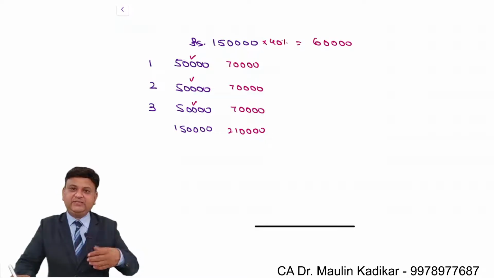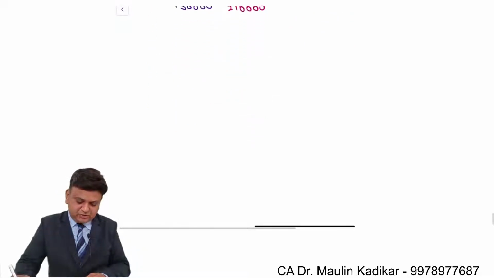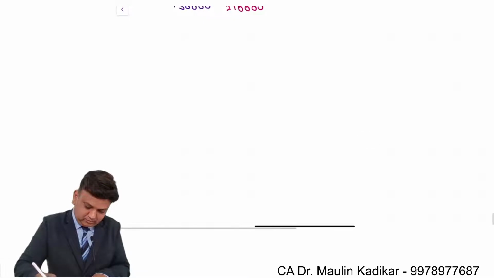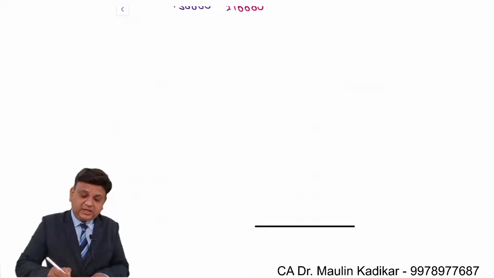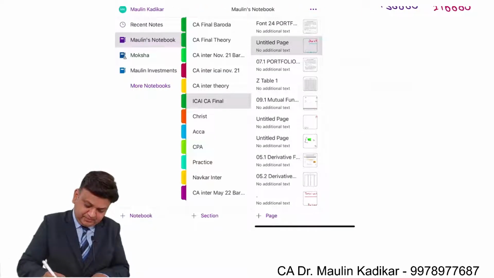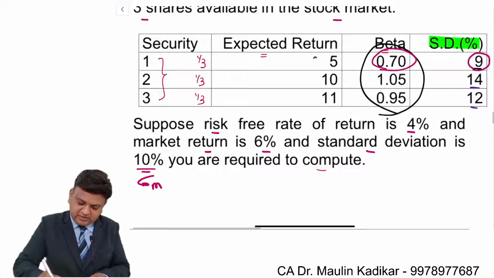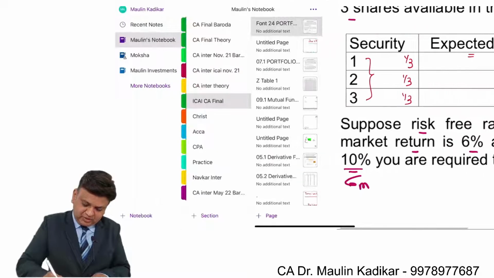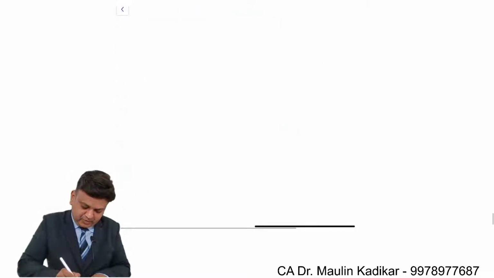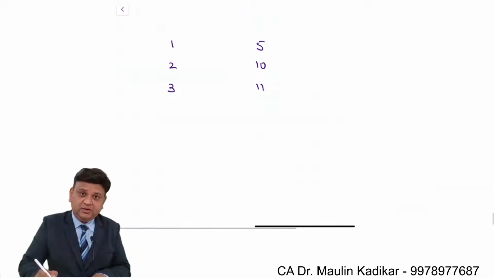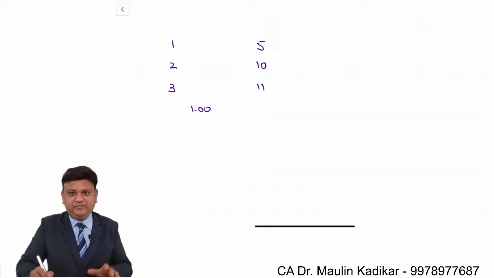The question is providing the information that these securities are likely to give a return like this: 5, 10 and 11. So 1, 2 and 3, it is 5, 10 and 11. What is the total investment? Total investment is like whatever the investment.